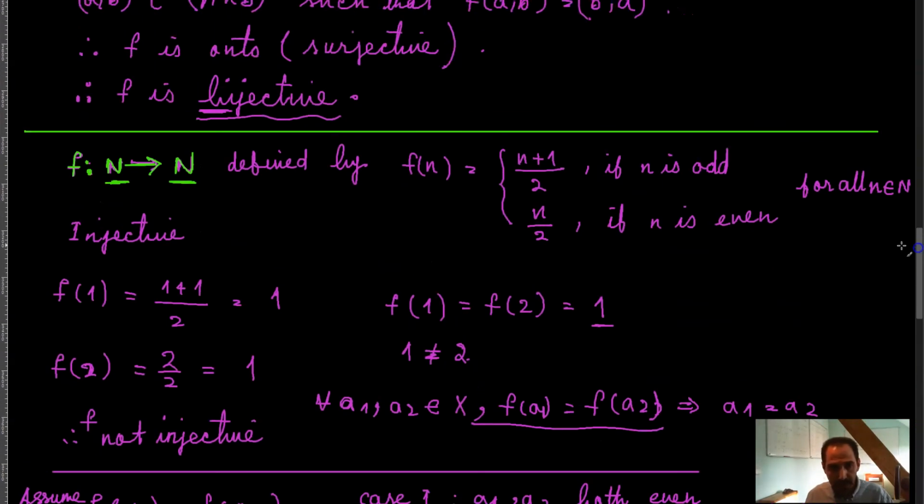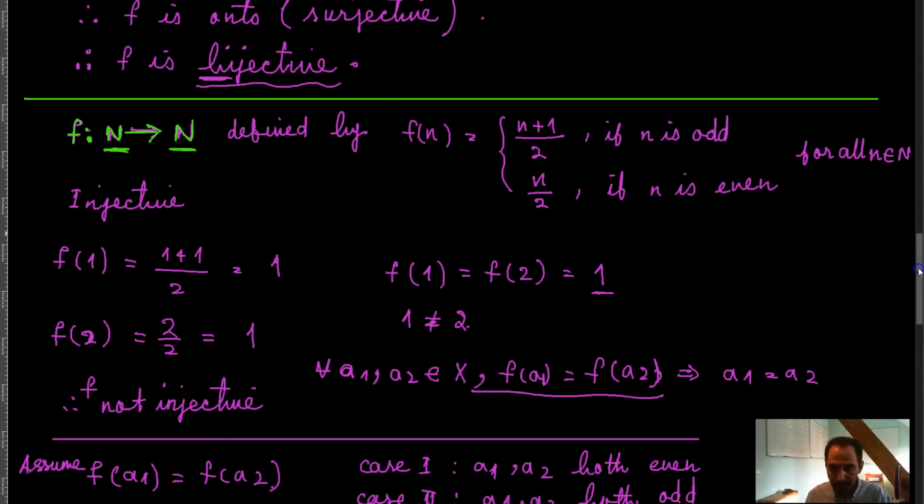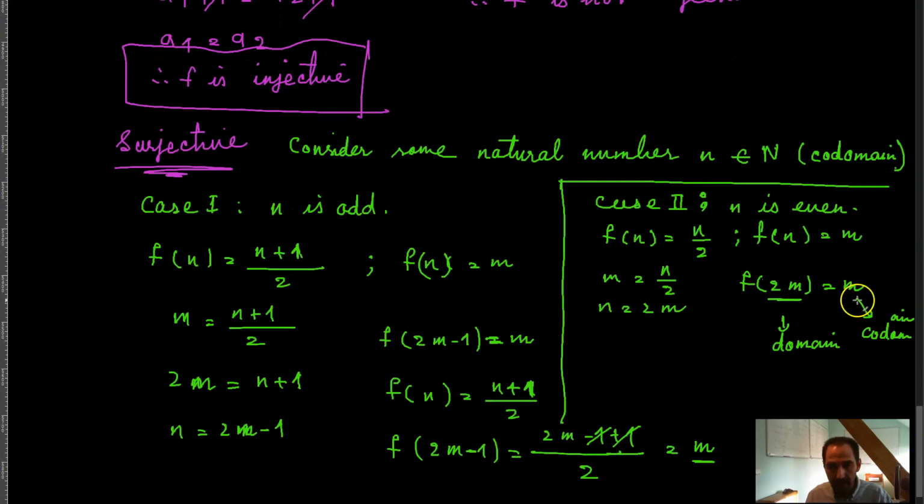And since the domain of the function is the set of natural numbers, any m that you have in the output of the function is the image of some element in the domain of the function, which in turn means that all the elements of the codomain are the image of some element in the domain, which means that no element is left alone in the codomain of the function, meaning that the codomain and the range of the function are equal sets.